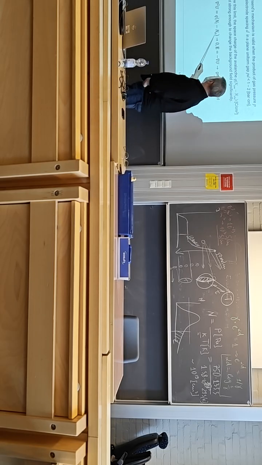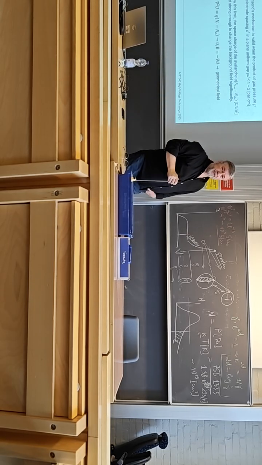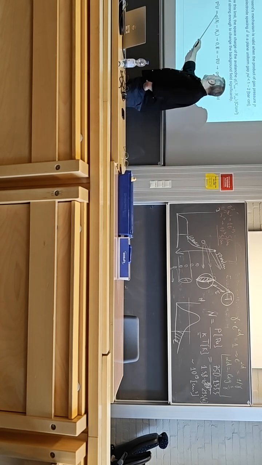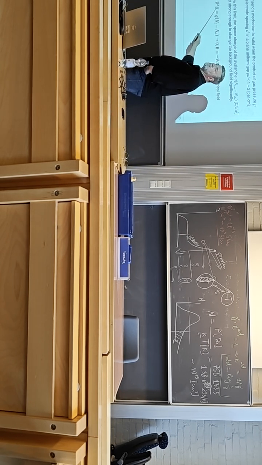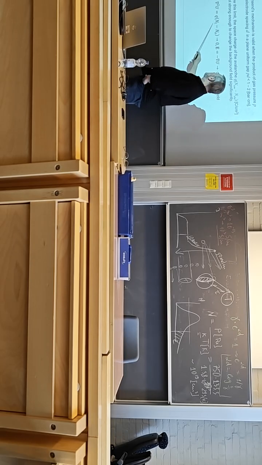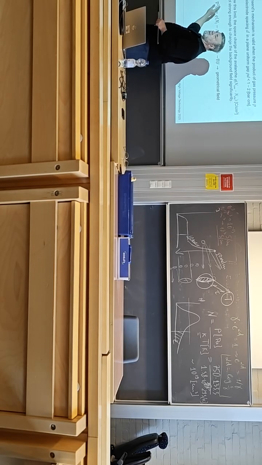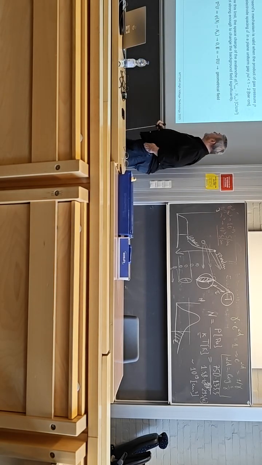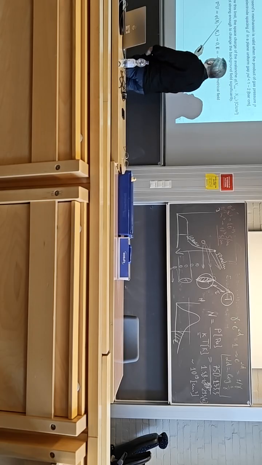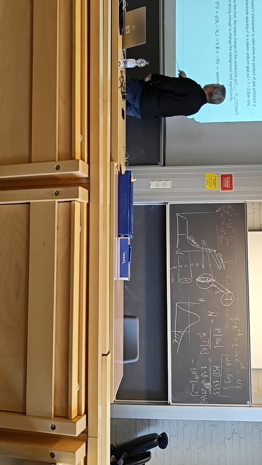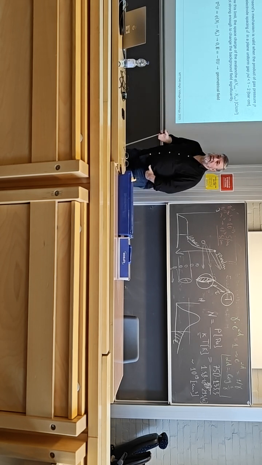Those of you who took an electromagnetics course should recognize this equation. This is the Poisson equation, right? You have the Laplacian of the potential, and then you have the space charge density on the right. If this is 0, then it's the Laplace equation, right? So this is the Poisson equation in this case. If the space charge is low, we have the right-hand side close to 0. So the electric field is decided by the geometry, basically.